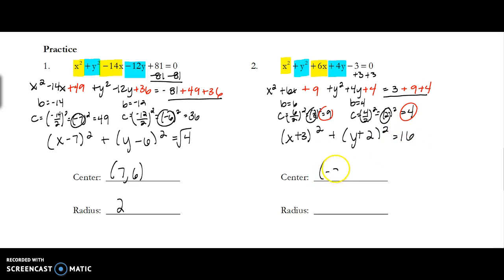So our center, remember, to take the opposite operation, because it is a negative in our equation. So you have -3, -2, and then we square root that answer, so our radius is 4.